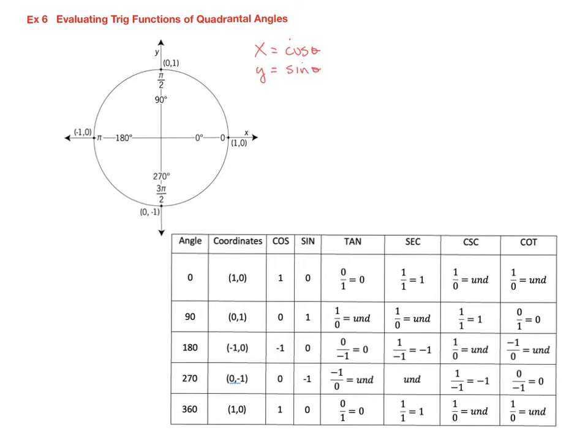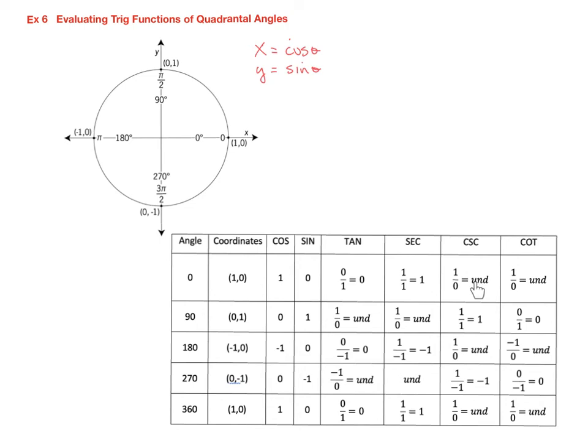Makes it really easy. So at 0 degrees, the cosine is the x value, 1, and the sine is the y value, 0. The tangent is opposite over adjacent, but remember that was always y over x, so the tangent is still going to be y over x. It's 0 over 1, which is 0. The secant is the reciprocal of cosine, as always, and the reciprocal of 1 is 1.